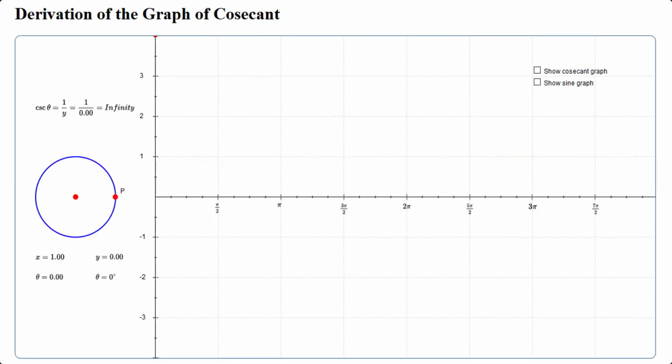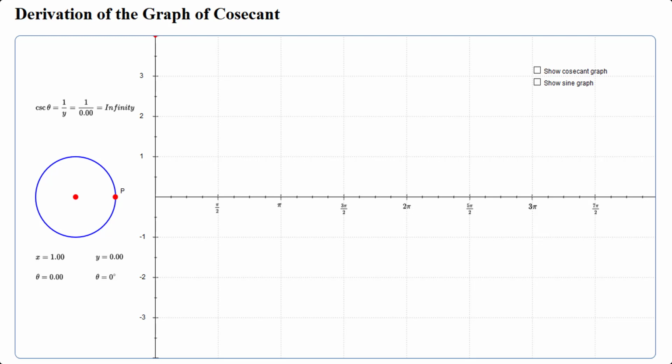Let's begin with cosecant. So I have the same basic setup as how we explored the shape of sine and cosine. So I have a unit circle to the left that has the center essentially at 0, 0, and point P is any point along that unit circle. So the maximum distance from the center is always going to be a radius of 1.